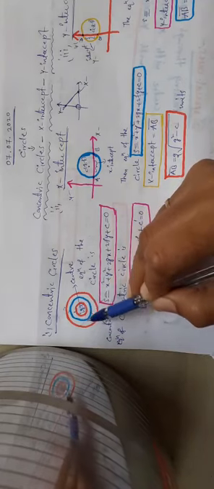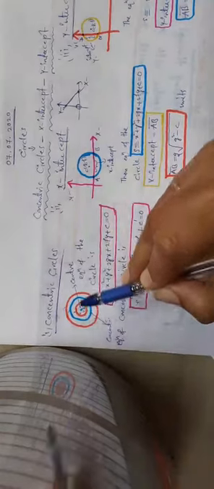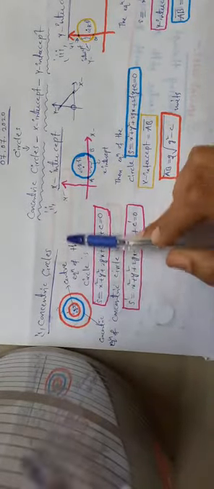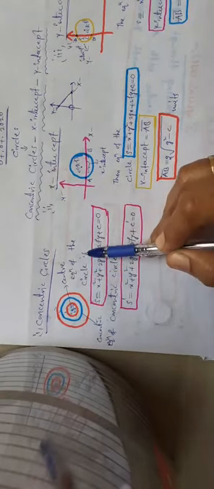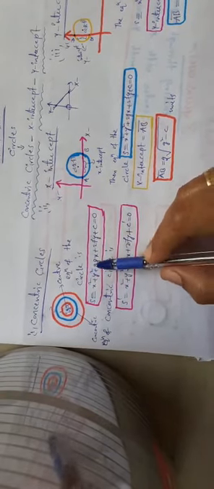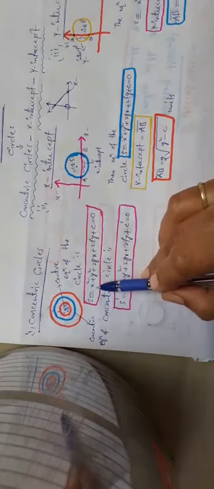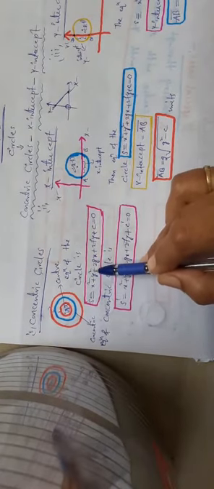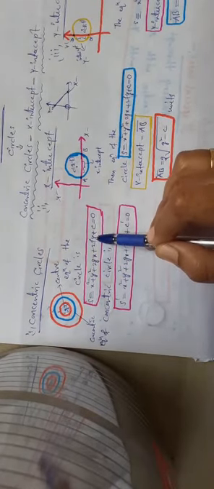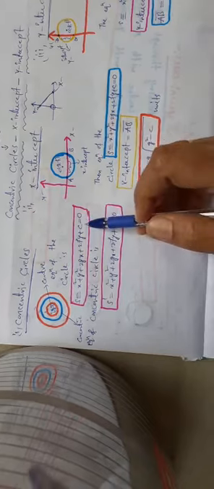Then what is the equation of this first circle, and what is the equation of the concentric circles available here? With center minus g comma minus f, we know that the general form of the circle is S equals x square plus y square plus 2gx plus 2fy plus c equals 0.